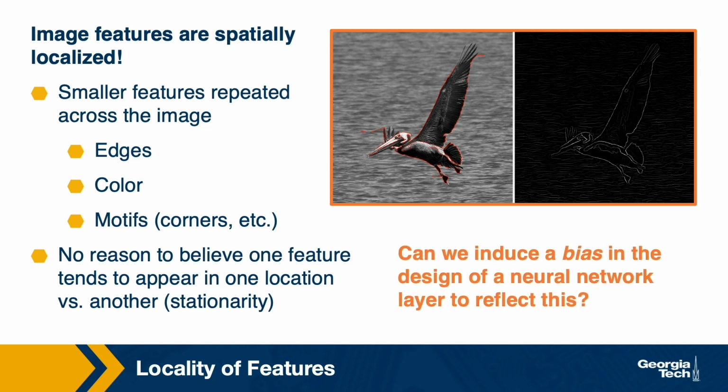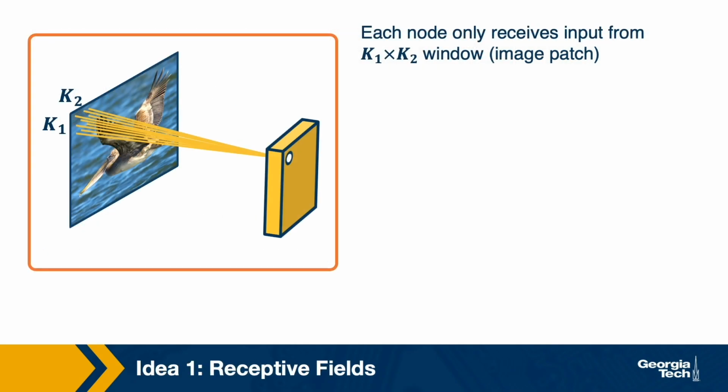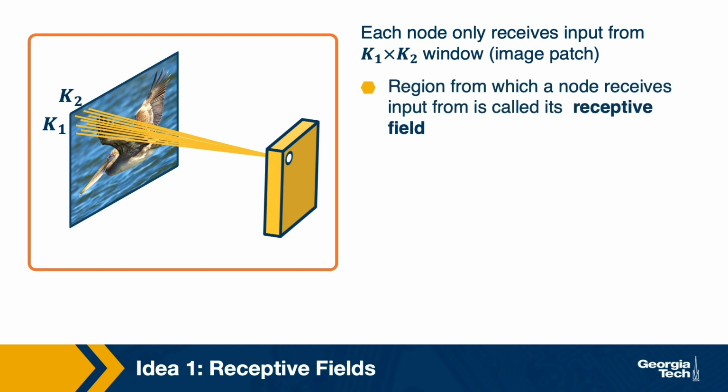And so we can use these properties to induce a bias in the design of the neural network layer to reflect this. And by bias, I mean that we'll explore specific connectivity patterns that are more appropriate to images and that will reduce the number of parameters that these layers will have. Specifically, what we'll do is have each node in the neural network, rather than take inputs from the entire image, take inputs from just a small, what we call receptive field, or small window or image patch in the image.